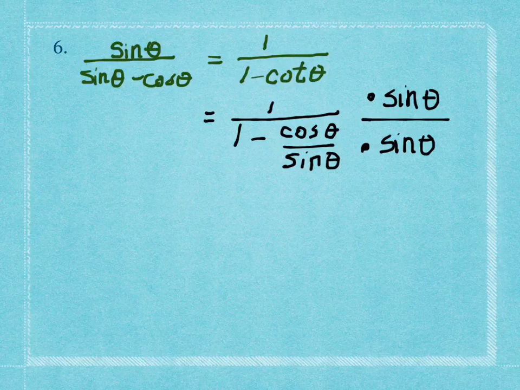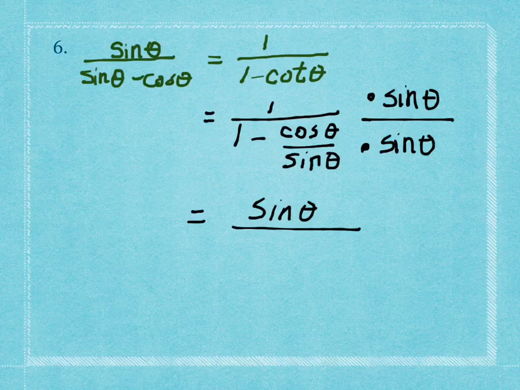If I multiply by that on the denominator, that is the 1 minus cosine theta over sine theta, I have to do it to the numerator as well, where simply the 1 is. So on top, nicely, I get sine theta, which is awfully friendly because that's what it already is on the left-hand side of my equation, right?